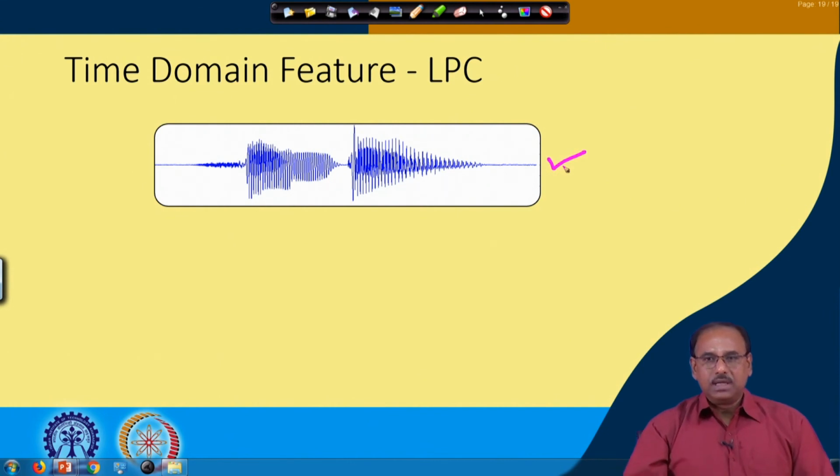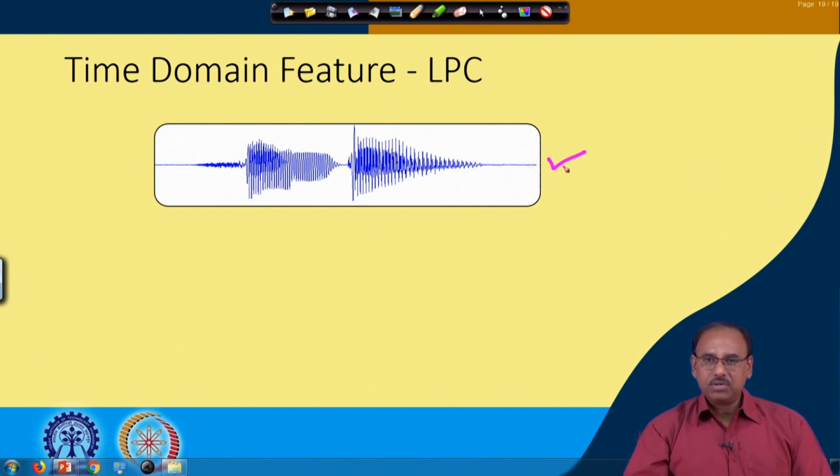For audio signal feature extraction, this output is passed through a digitizer. Through a digitizer I get a sequence of samples, and from the sequence of samples I can compute different types of features. All those features can be used as descriptors for speech recognition, for speech to text conversion and all that.